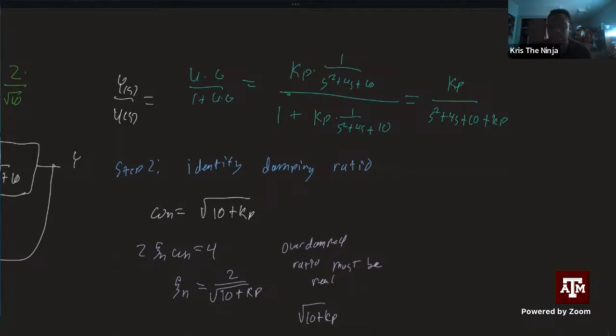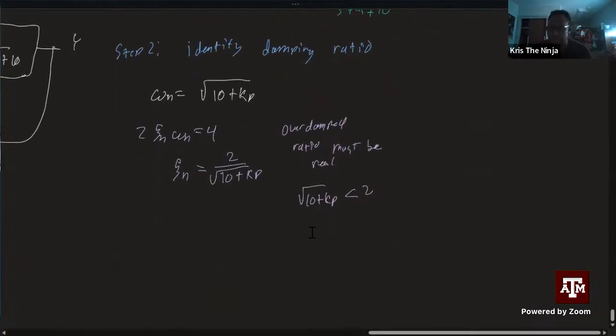Because if it's not greater than 2, you're going to end up having some very not real numbers. And we know it has to be greater than 1. So in order for this equation to be greater than 1, this has to be less than 2 so it can be greater. I think y'all get what I'm trying to say. Y'all get what I'm saying, right? No.